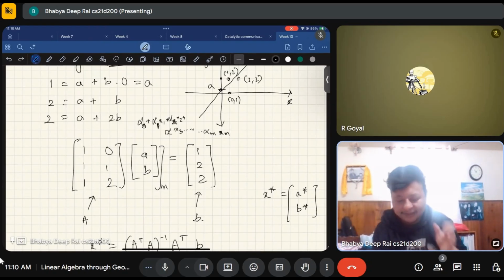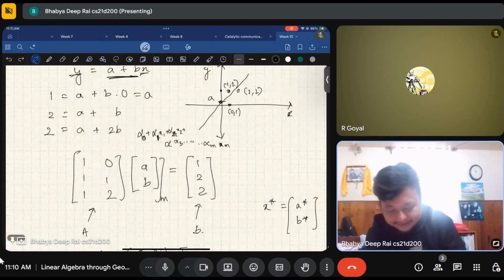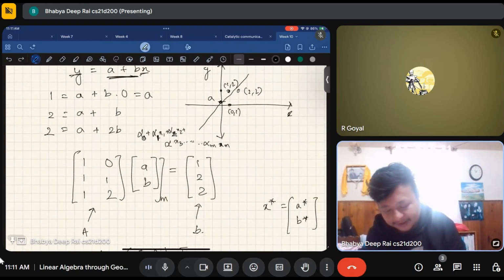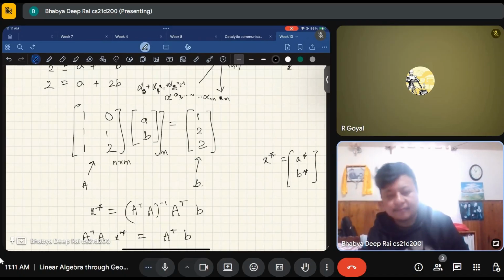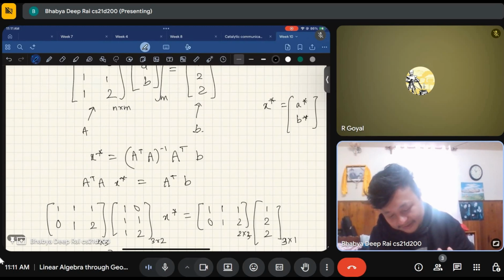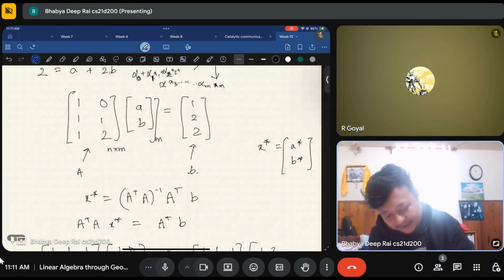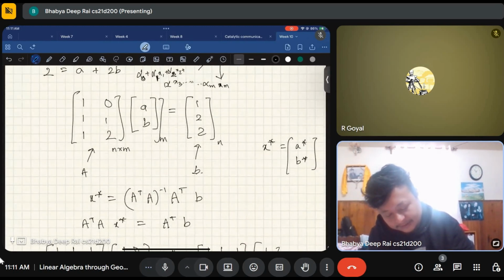That is still straightforward because it just depends on the points. So this will still be n cross m, and this is m plus 1, n plus 1.